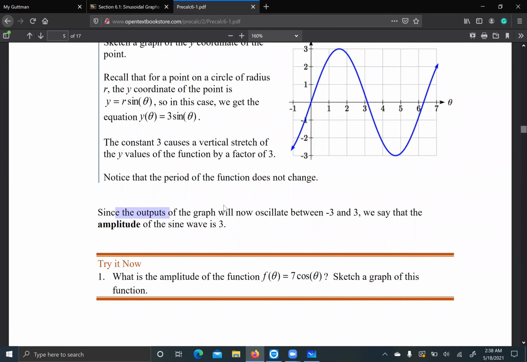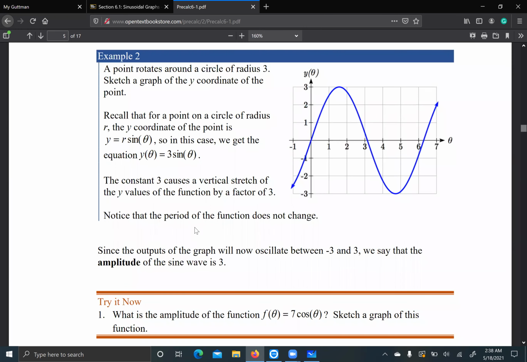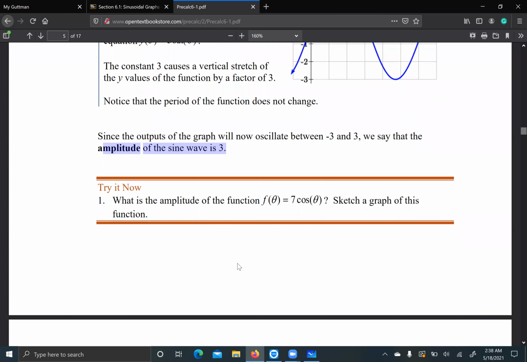Since the outputs of this graph will now oscillate between -3 and 3, we say that the amplitude of the sine wave is 3. Originally sine oscillates between -1 and 1, so the amplitude is 1. But in this case, because it's between -3 and 3, we say that the amplitude of this function is 3. Okay, makes sense?